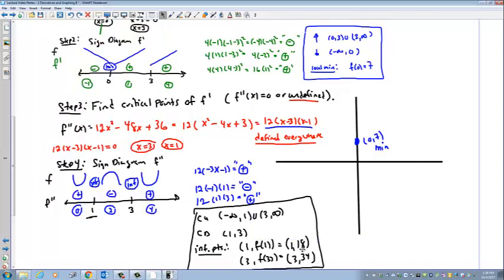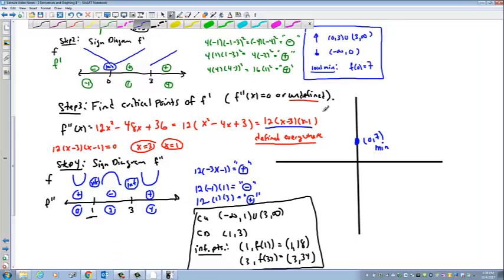And I want to graph my other 2 points, which are inflection points, so 1, 18 and 3, 34. So I'm going to plot those on here too. So 1, 18, let's just put that right here. This is 1, 18. And that's an inflection point, so I'm going to write I and F underneath it.